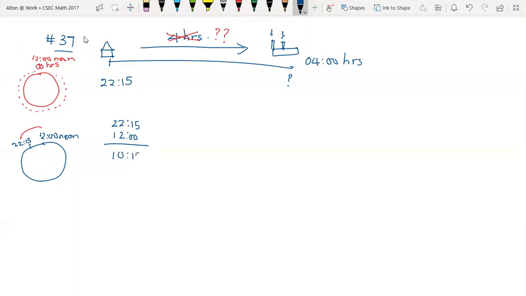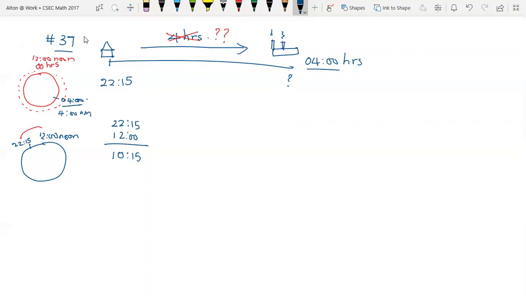So he leaves his home at 10:15 in the evening. And it says he reaches his destination at 0400. Now going back to the first clock here, 0400 will really be right here, and that is really 4 a.m. in the morning.